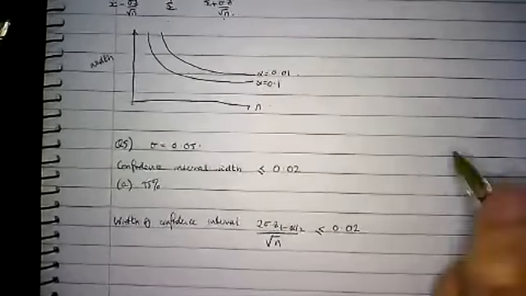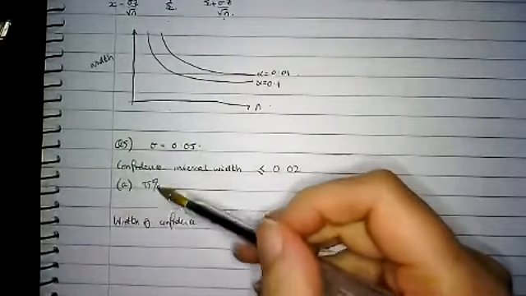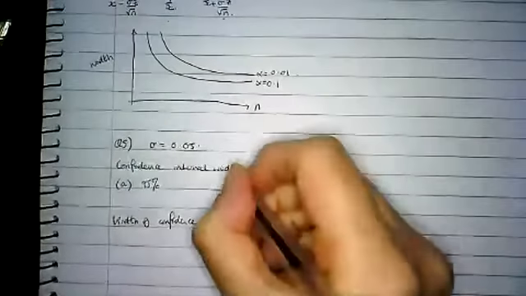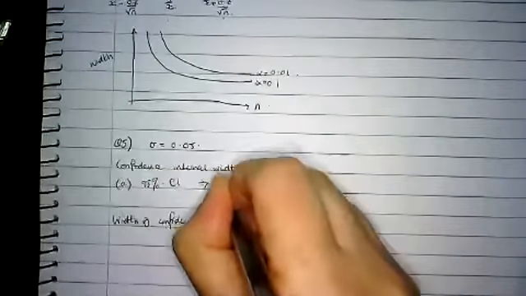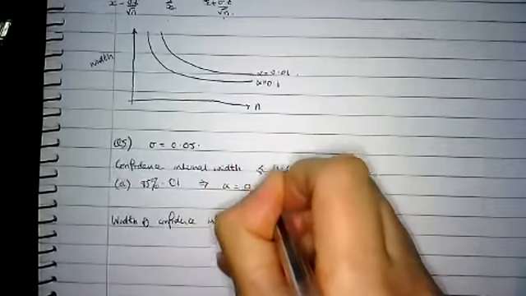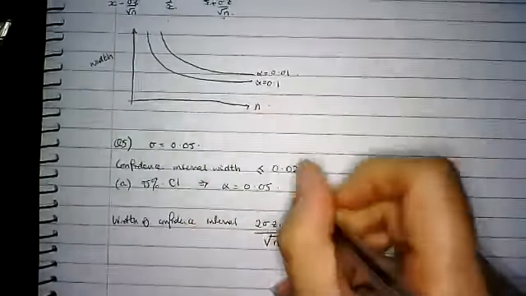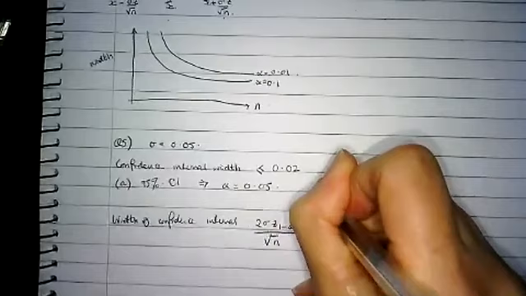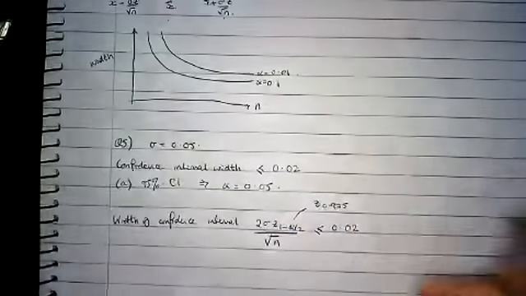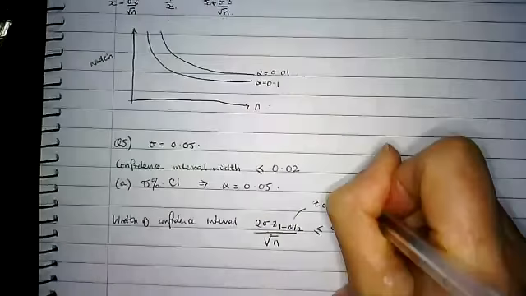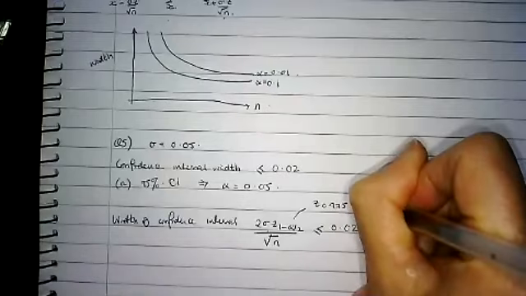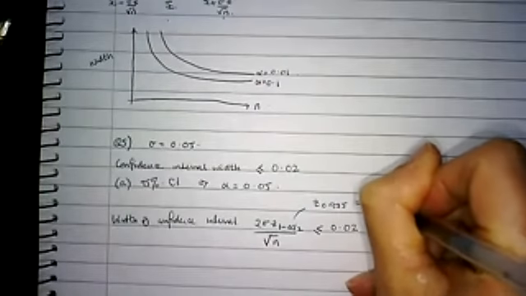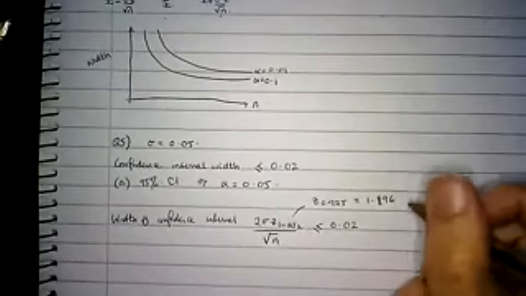I should be able to find everything else because I've been told that it's the 95% confidence interval. I know that alpha is equal to 0.05. So this value here is going to be z_{0.975}, which we looked up earlier in the table. It was 1.96. So I've got everything here in order to be able to rearrange for n.